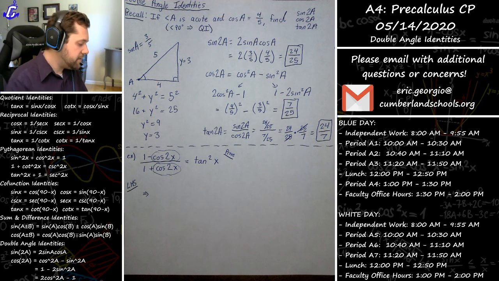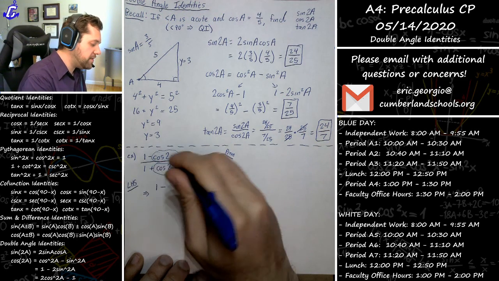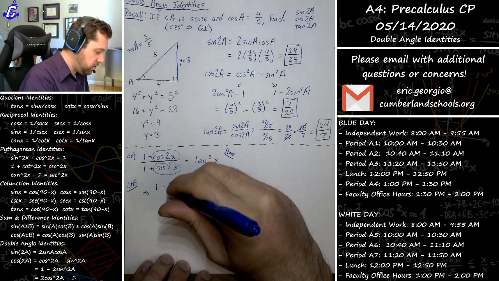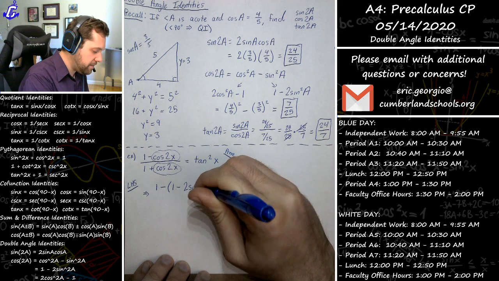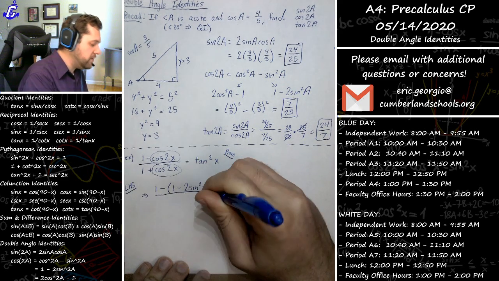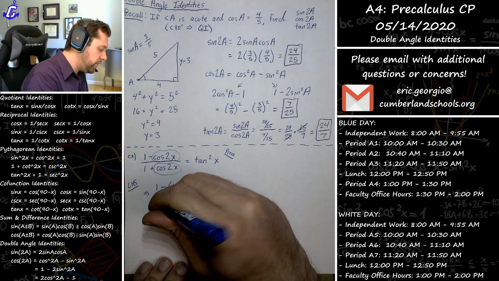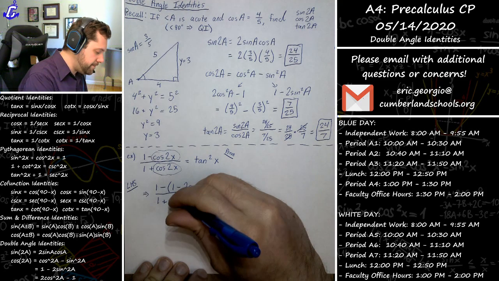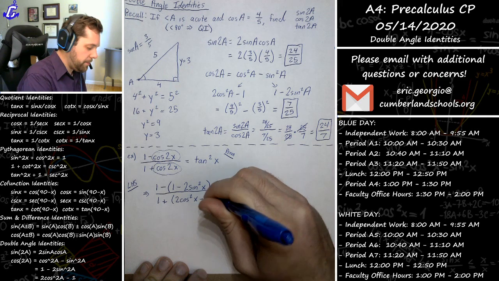So with this problem in particular, let's replace cosine of 2x in the numerator with the sine variation, 1 minus 2 sine squared of x. And let's replace the cosine of 2x in the denominator with the cosine version. That's going to be 2 times cosine squared of x minus 1.